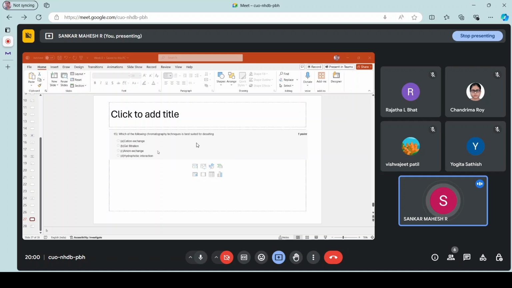This technique should be independent of the nature of the protein. Cation exchange and anion exchange are dependent on the pI of the protein and how the protein would gain a net positive charge or a net negative charge at a particular pH. This would vary from protein to protein, because of which we can't use cation exchange or anion exchange for desalting.